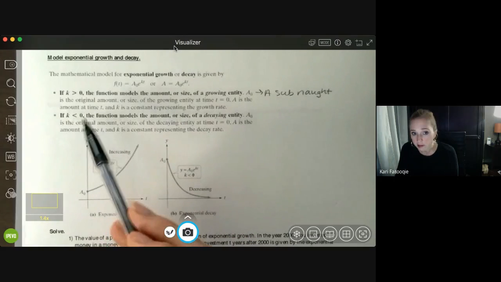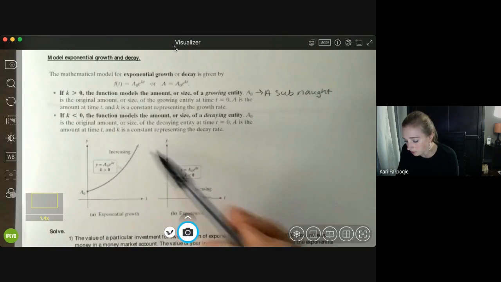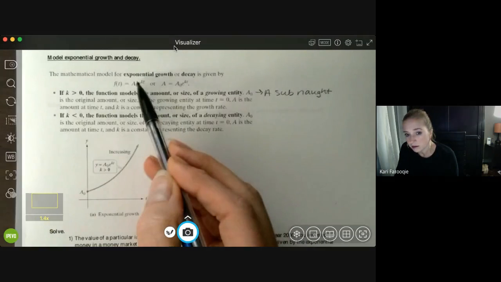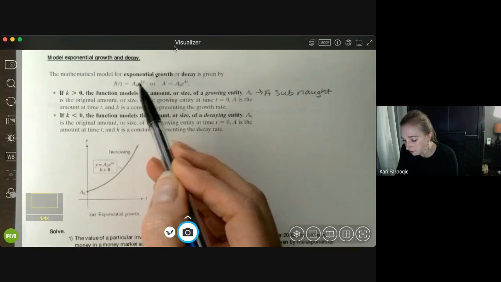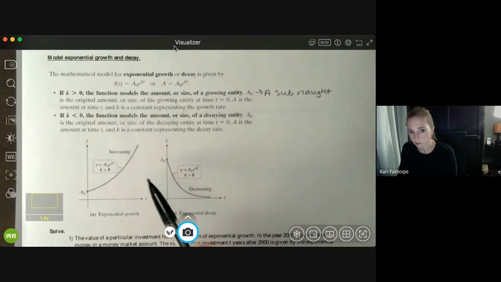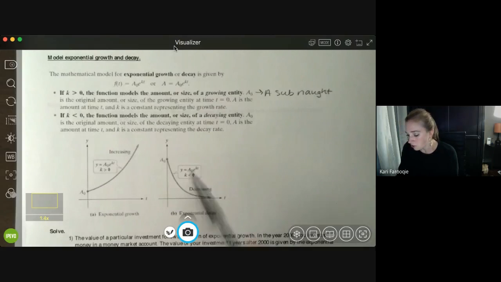If k is less than 0, meaning k is a negative value, anytime you make the inside of that exponent negative, you're flipping this about the y-axis. So it's reflecting about y. And then you get this behavior where the graph is heading down as t gets larger and larger. The value of f of t will decrease over time exponentially. So that's what the graphs look like.